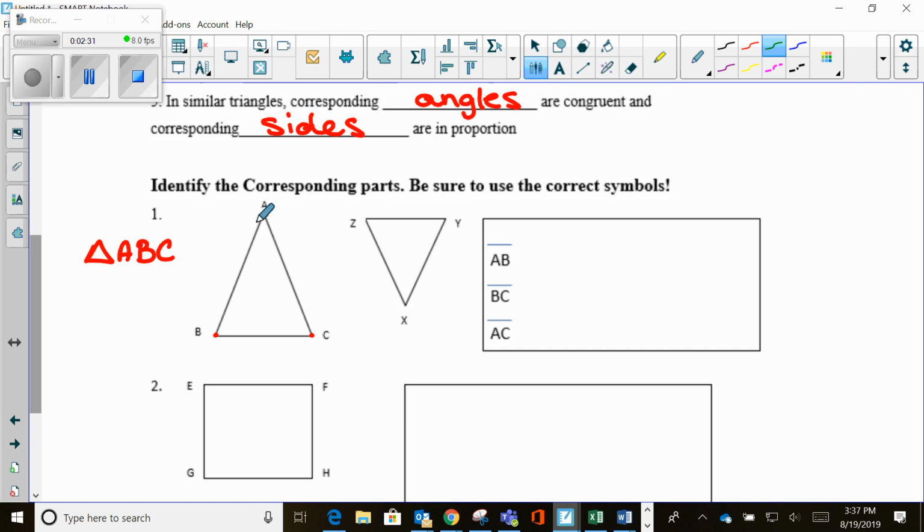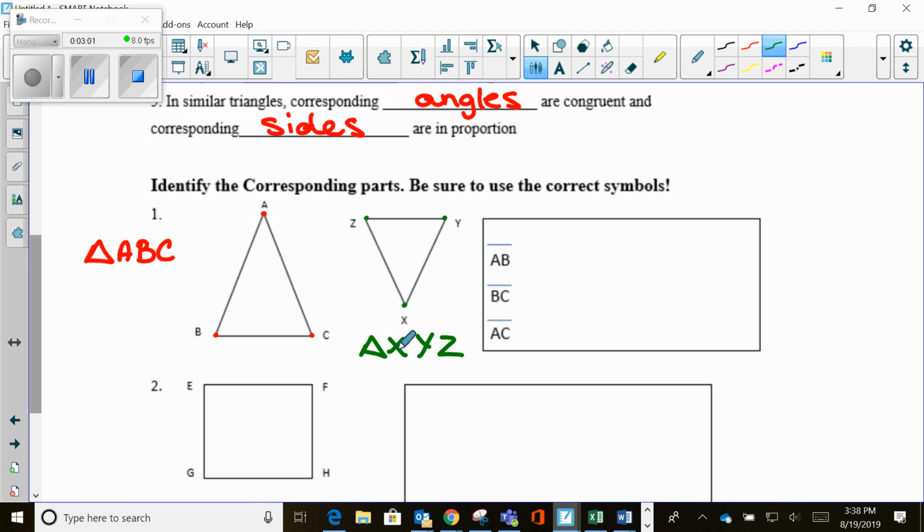So triangle ABC is how I would name this triangle. The smaller triangle is turned upside down. Okay, so I'm going to have triangle XYZ. And I'm going to name that in that same order. XYZ.